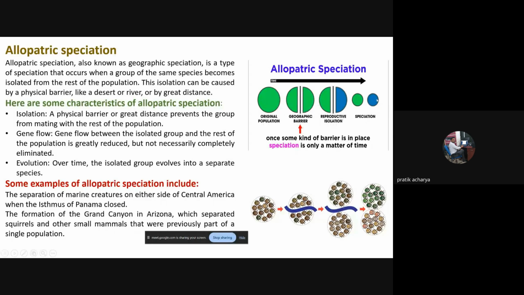This is the pictorial presentation of this allopatric speciation. This is the original population, okay, which has a common gene pool. That means they are all living together. This original population, if separated from each other due to habitat fragmentation, due to a geographical barrier. If a river passed through this landmass or in between this landmass, that causes the separation of these two.